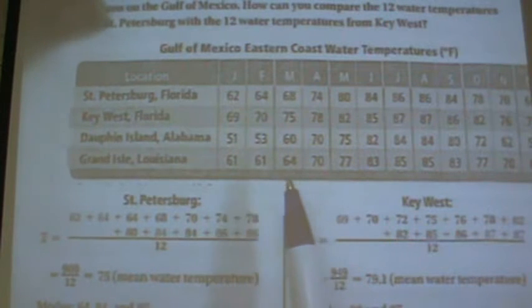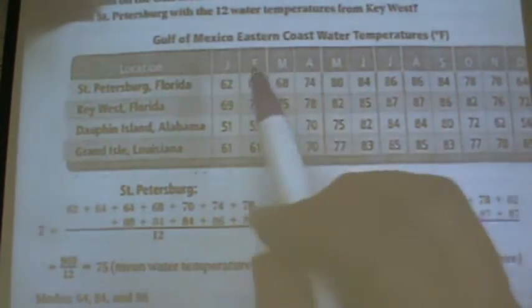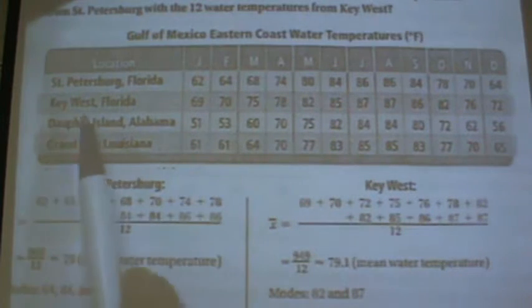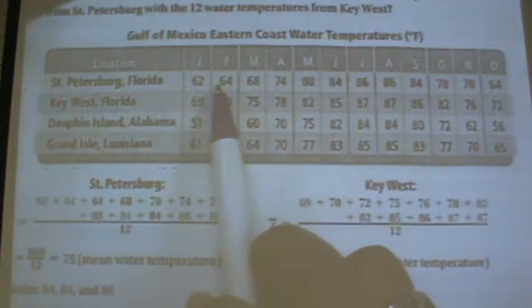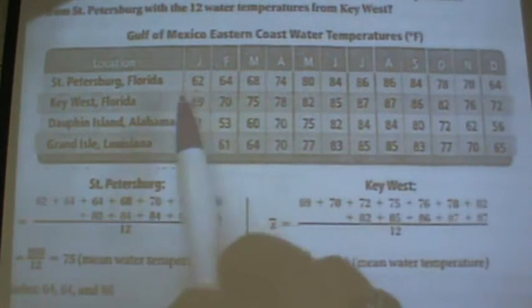How many have created box and whiskers before? How many people know what I'm talking about? Okay. I'm going to show you how to make a box and whisker plot for St. Petersburg, Florida, and for Key West, Florida. Here are all of the average monthly temperatures from January to December.